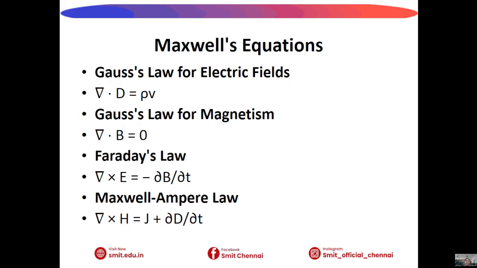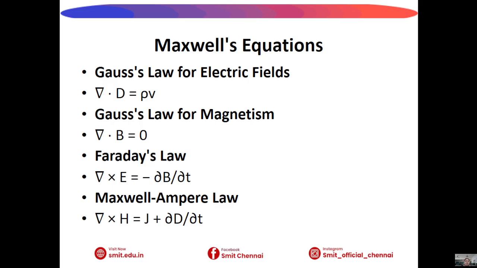Next, we see about Maxwell's equations. Maxwell combined the fundamental laws of electromagnetism into 4 equations. The first equation, Gauss' law for electric fields, states that electric charges are the sources of electric fields. The second equation, Gauss' law for magnetism, states that magnetic monopoles do not exist and magnetic lines always form closed loops.